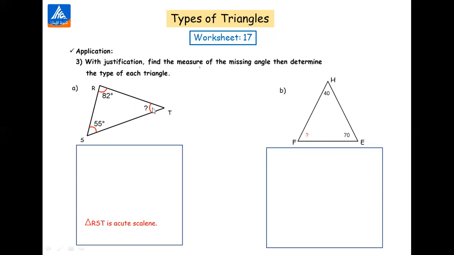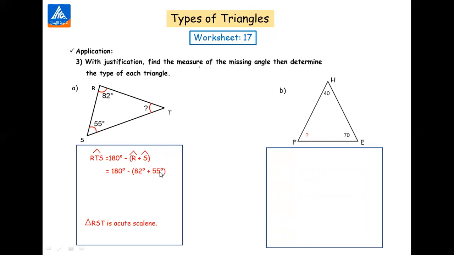I have to get angle T. I know that the sum of angles in any triangle is 180 degrees. So the measure of angle T is 180 minus the measure of angle R and angle S. 180 minus, I put under each angle its measure, 82 plus 55.